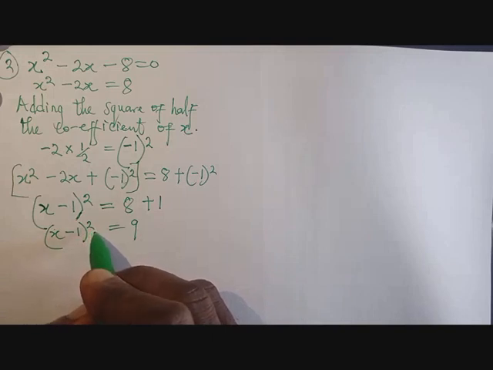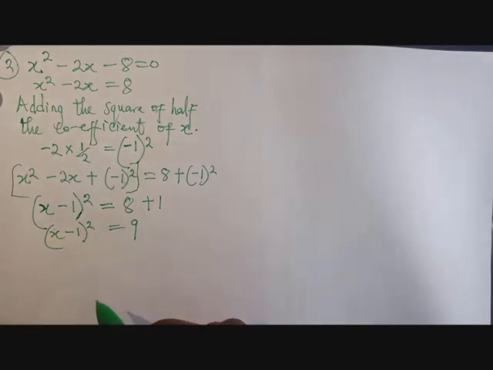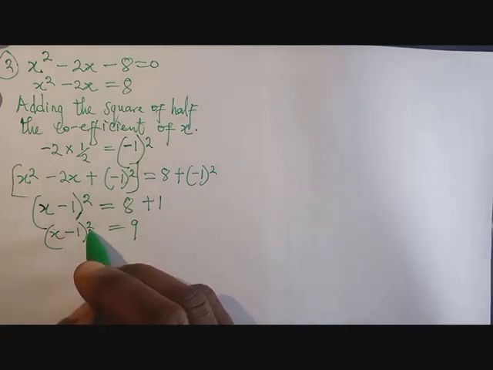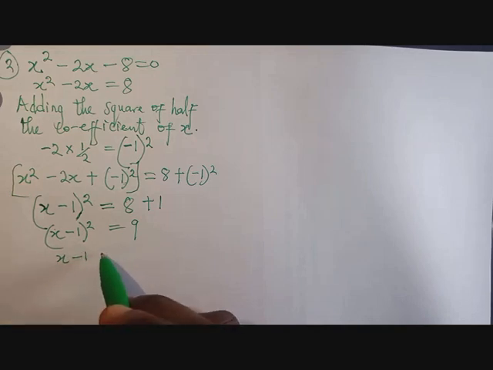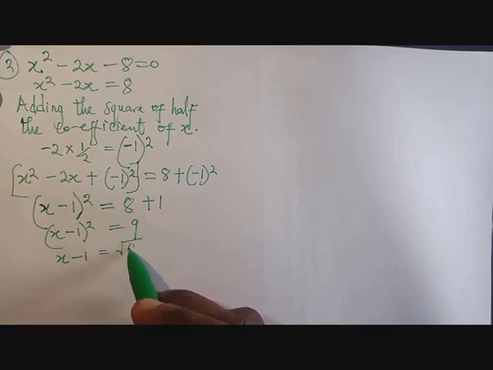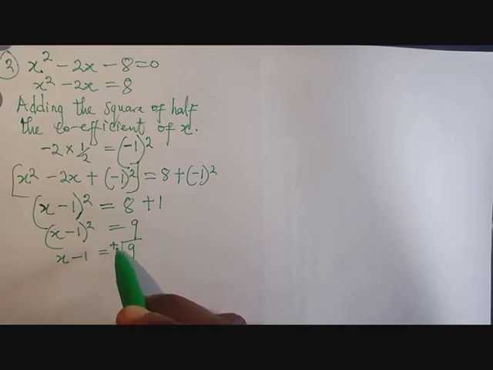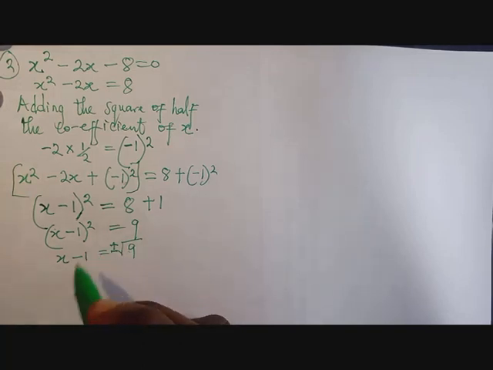We need to take off this square. So we simply do what? Take the square root of both sides. Now, in taking the square root of both sides, the square disappears. So I'm going to be left with x minus 1 equals square root of 9, of course, since we're interested in both the positive and negative value of x, right? Plus or minus.